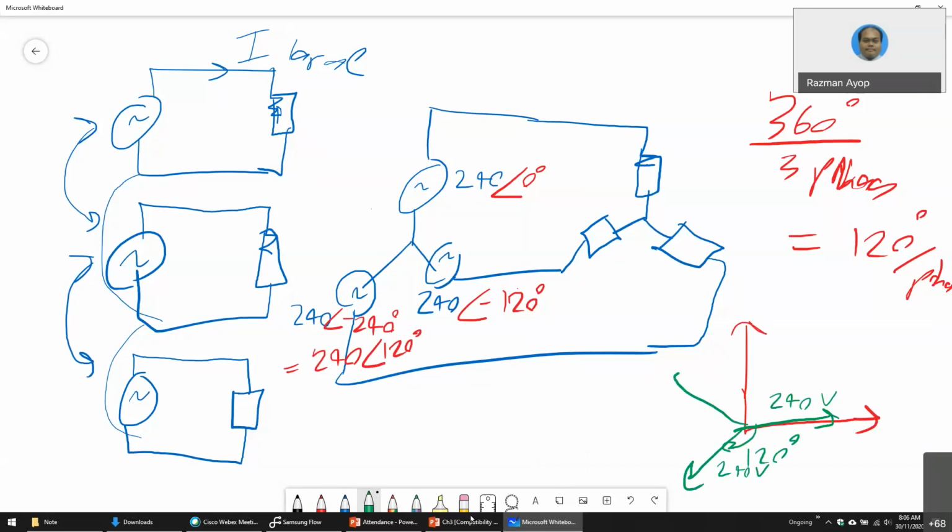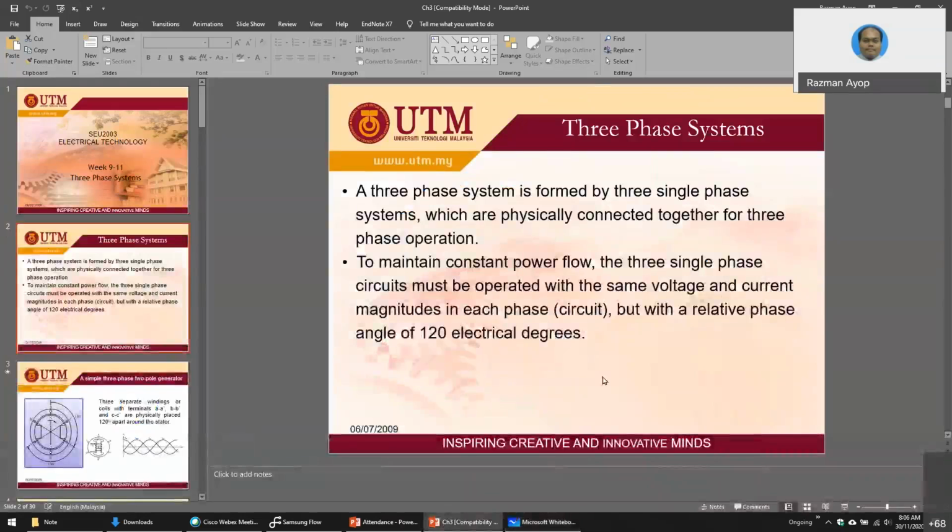Another one is here at 120 degrees. So the voltages need to be 120 degrees apart from each other. That is what this statement means.